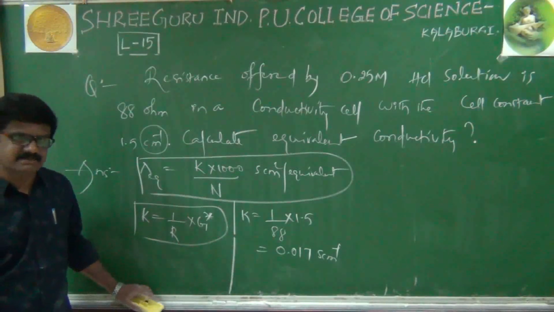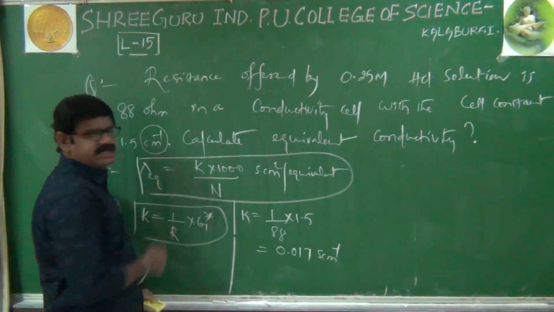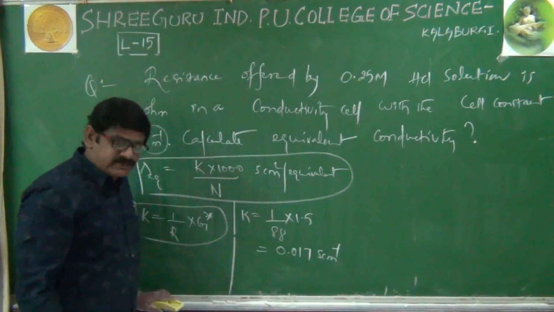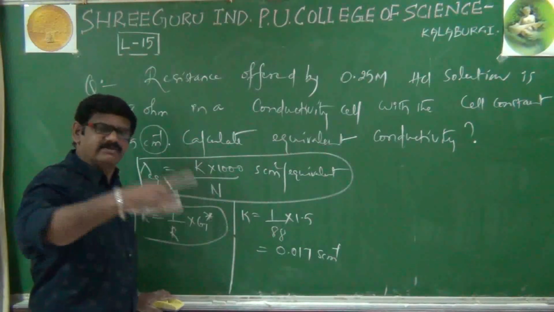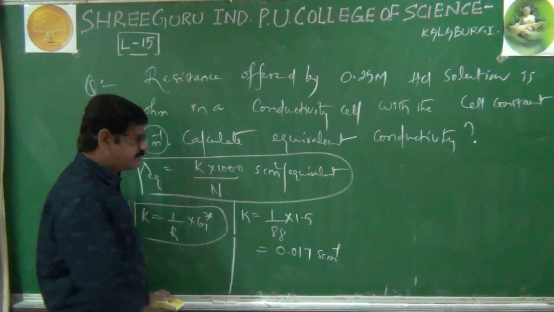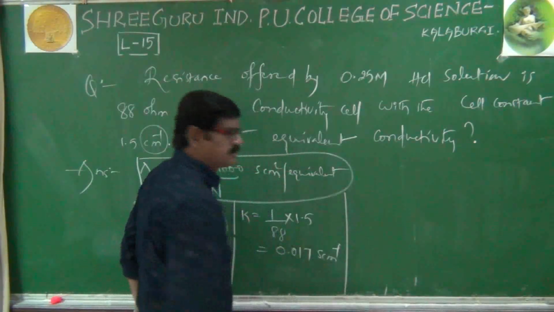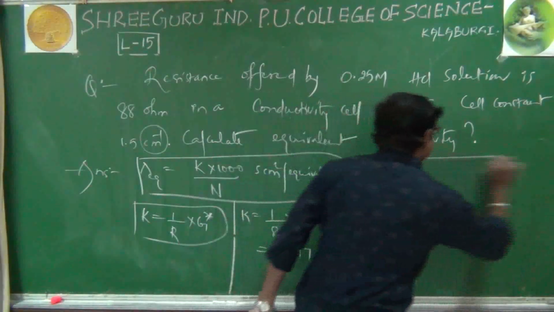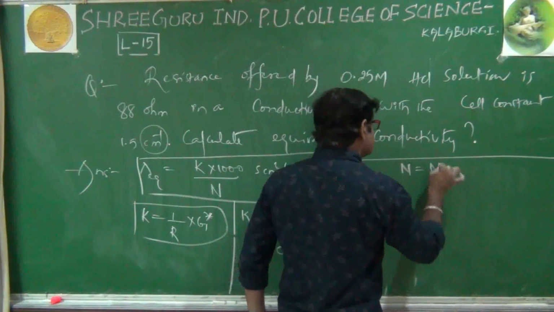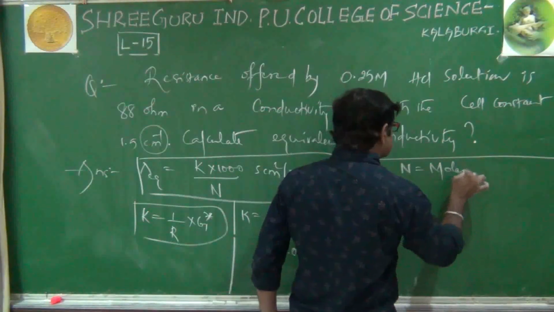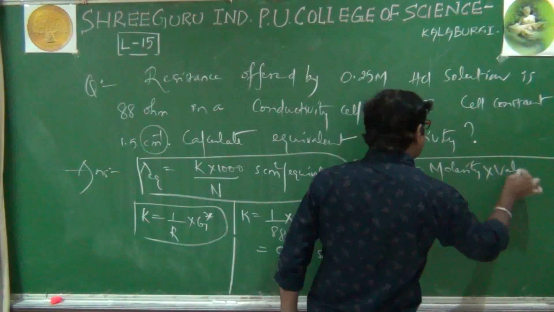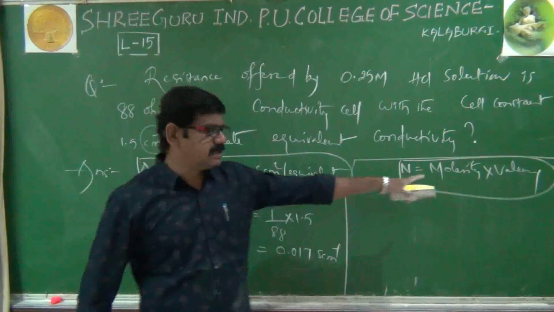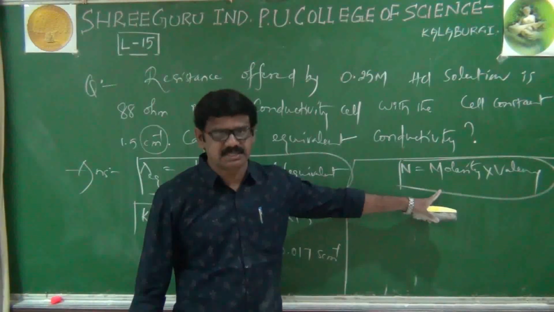K value is obtained. Now one more is needed, normality. In the question normality is not there; instead of normality, molarity is given. Therefore, whatever molarity has been given, we have to convert it to normality, and we have a relation between molarity and normality. I'll tell you here first of all. Normality is equal to molarity into valency is the relation. You will learn this in the solutions topic.